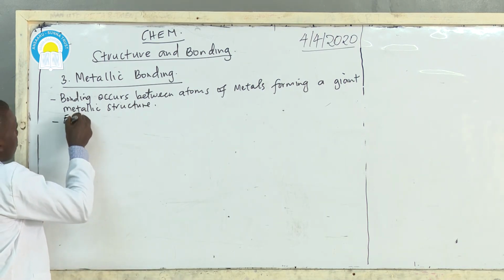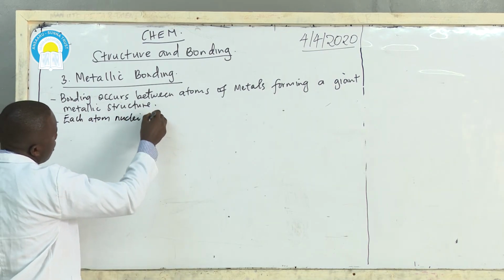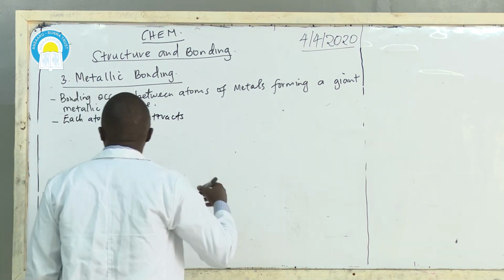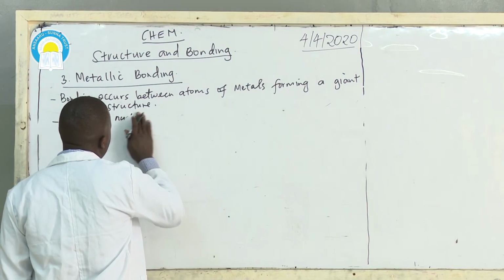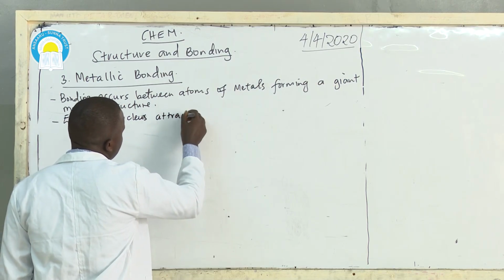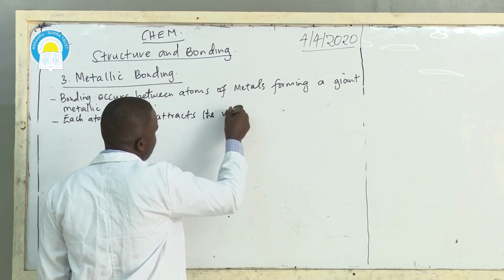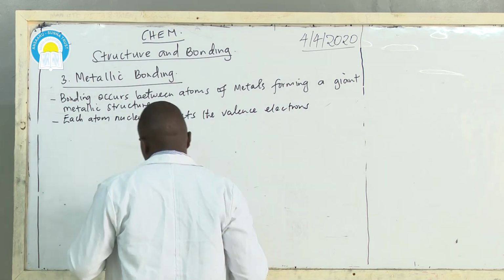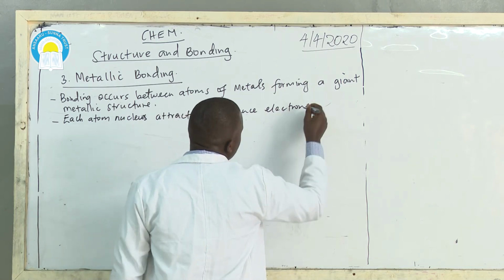So each atom nucleus attracts the valence electrons.